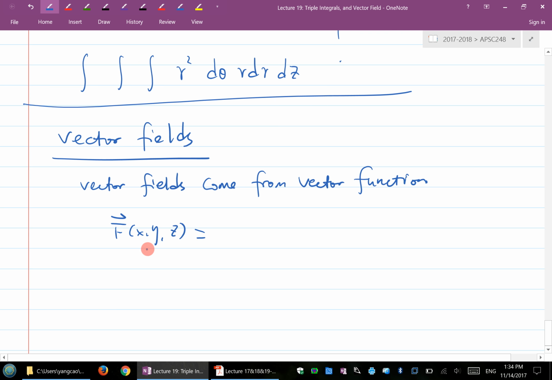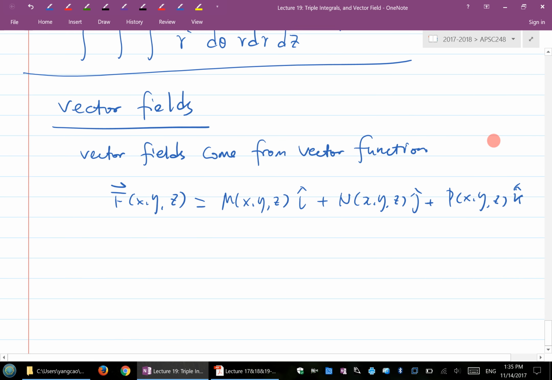If I have a vector function of 3 variables, it's definitely going to have 3 components. That's a vector function. You plug in different values of x, y, z and you get different vectors.